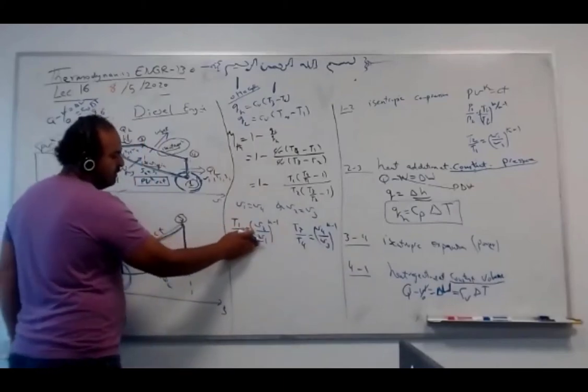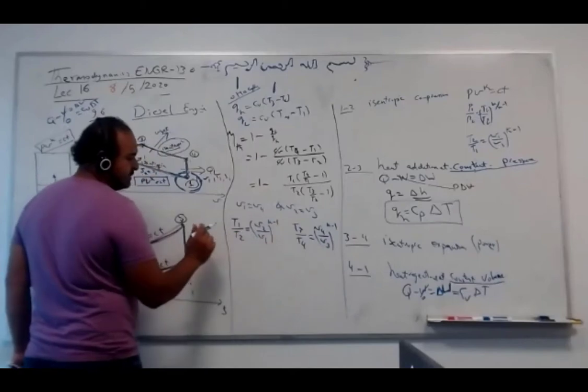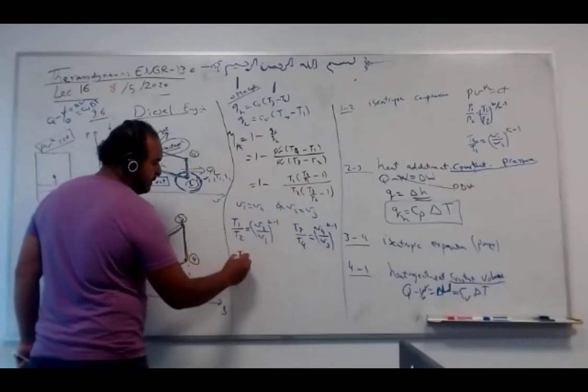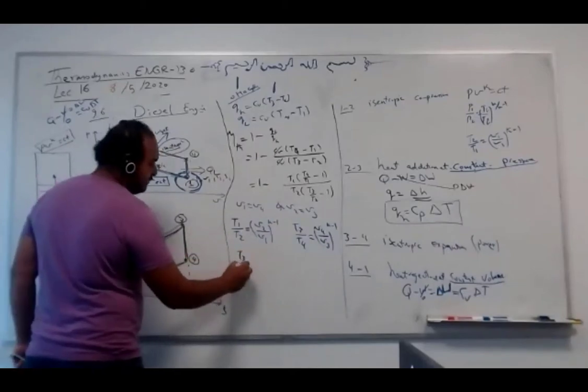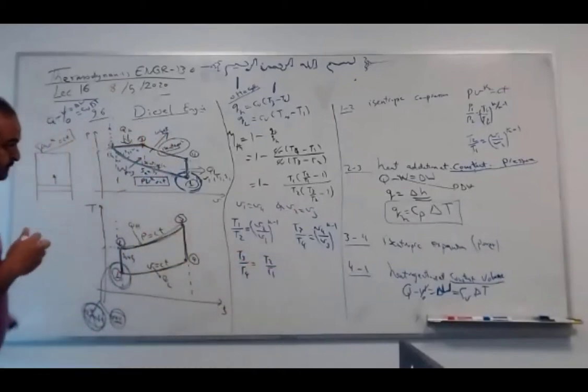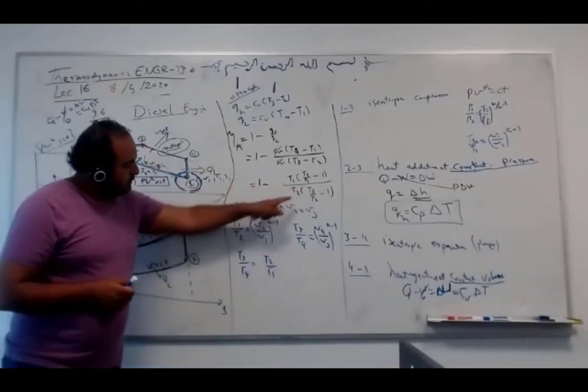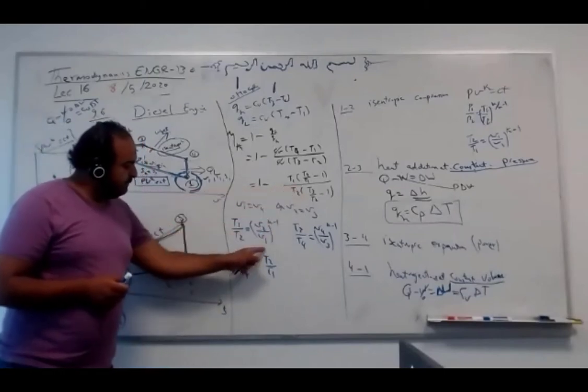This is 1 over R, this is R, so this equals 1 over this. So T3 over T4 equals T2 over T1, so T3 over T2 equals T4 over T1.